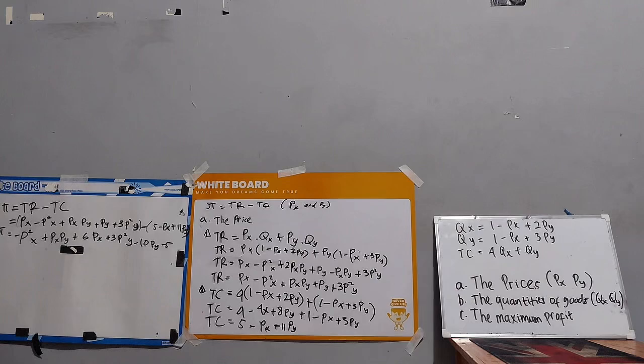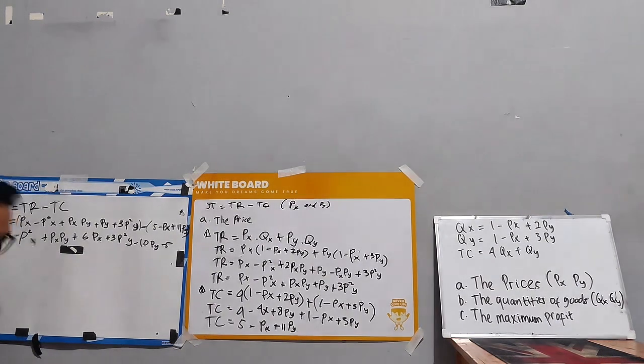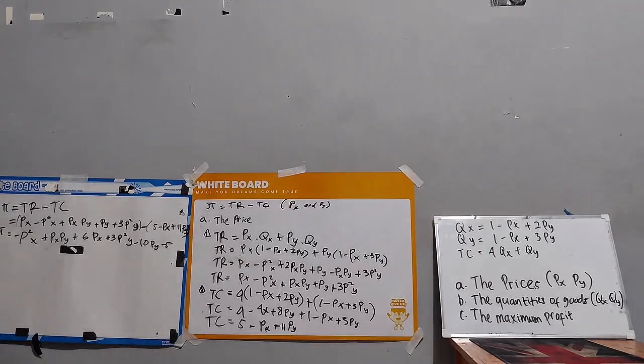Next, we set the partial derivatives of P with respect to Px and Py equal to 0. This will give us a system of equations that we can solve for the optimal values of Px and Py.